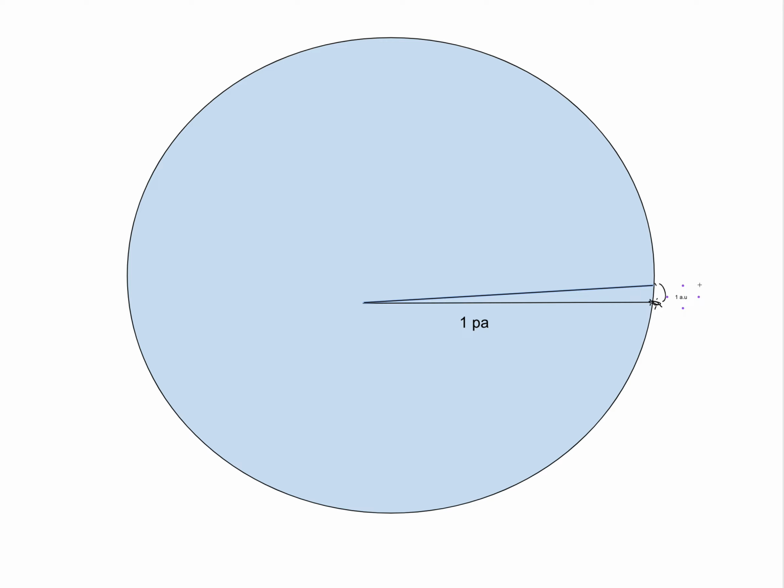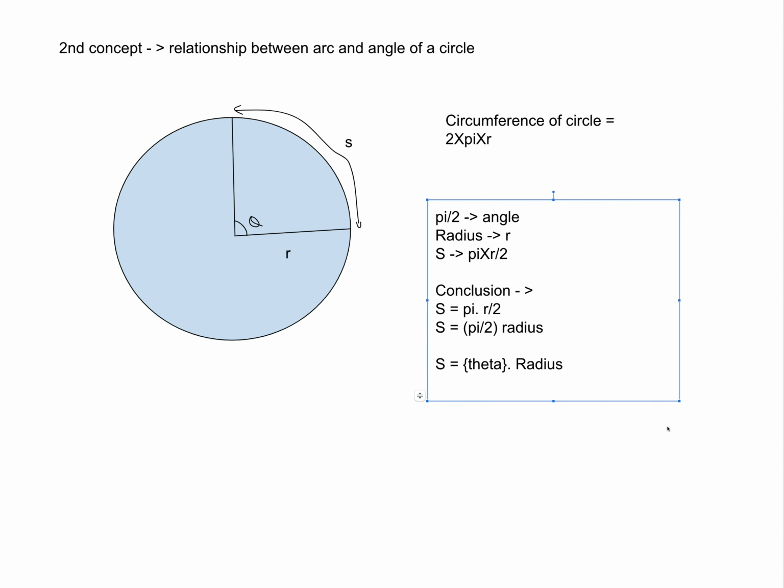We have already found out in the previous part the relationship between the arc and the angle of a circle. Basically, the arc is equal to the angle multiplied by the radius.